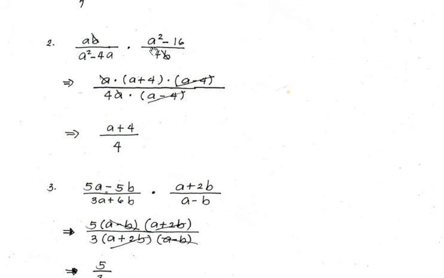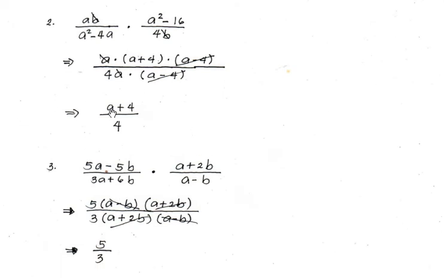And since we still have 4, we copy 4 here, then factoring out a, it's here. Then canceling out a in the numerator and in the denominator, then we also have the factors a minus 4 and a minus 4. So we are left with the final answer, a plus 4 all over 4.